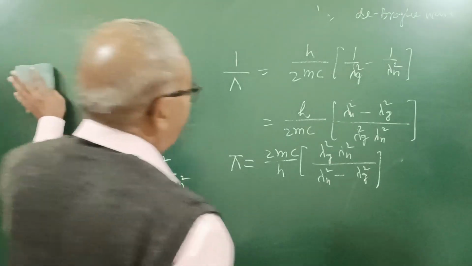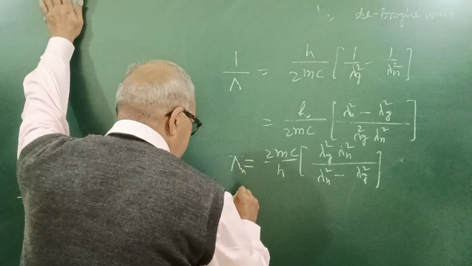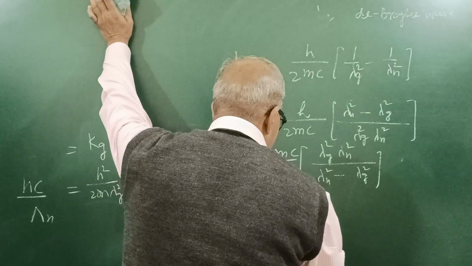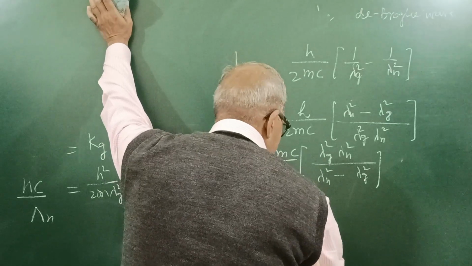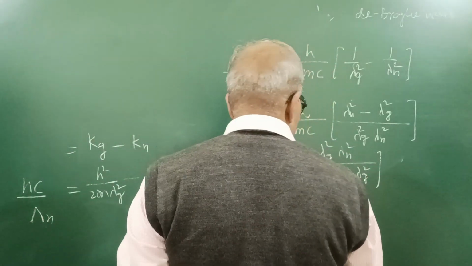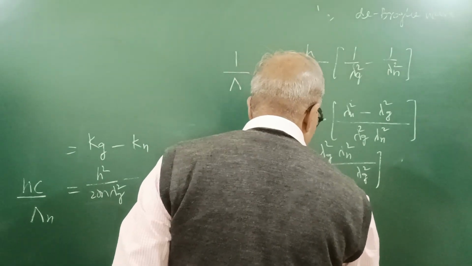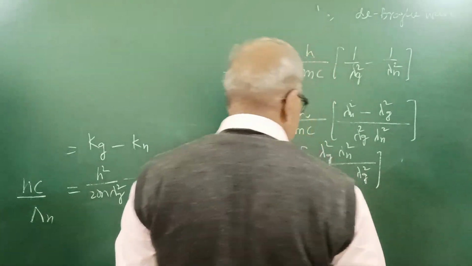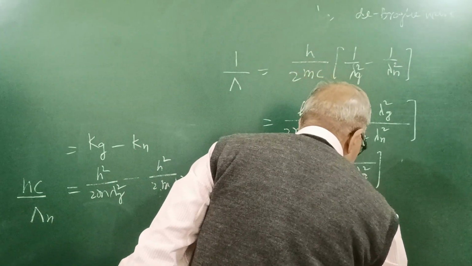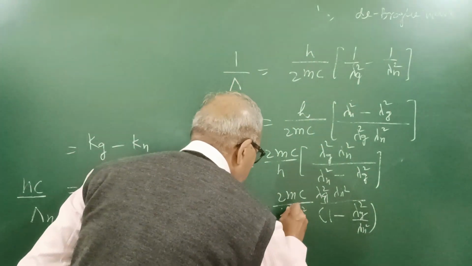Now you can write this lambda n as 2mc upon h into lambda g square, taking lambda n square common, 1 minus lambda g square upon lambda n square, like this. Here h is the Planck constant.